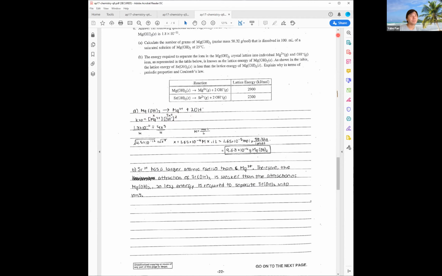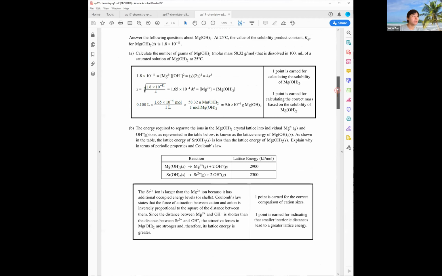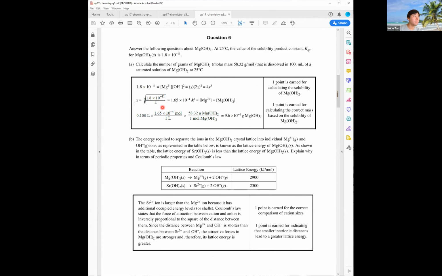Be careful. Don't forget to do the conversion, because here it's (2x) squared. Make sure you have this equation set first, then finish the calculation.